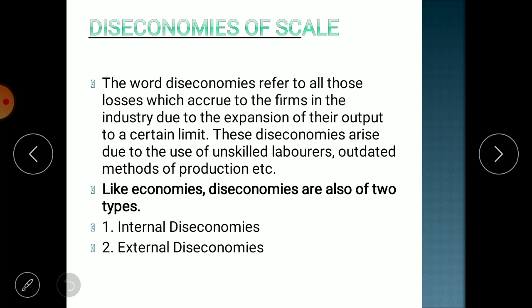In the lectures on economies of scale, we have seen that there are two types of economies of scale, which are internal and external. The same thing happens in diseconomies. There are also two types of diseconomies, which are internal diseconomies and external diseconomies.